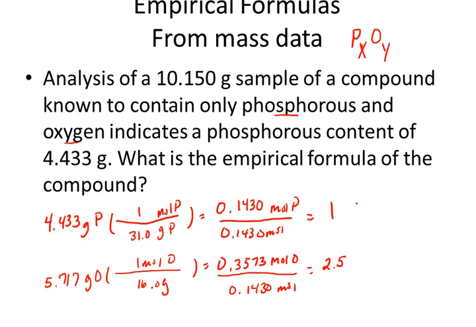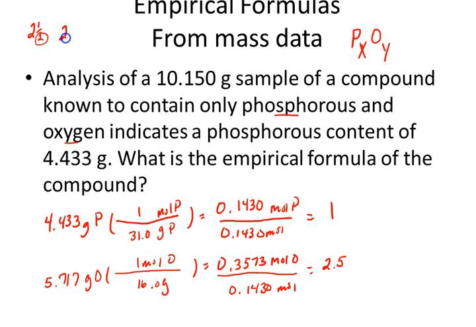Okay, so we get a 1 to 2.5 ratio. That is still not appropriate. We have a fraction, we actually have 2 1/2. We want to clear this fraction to make it the simplest whole number. The way we do that is we look at the denominator of the fraction and multiply everything by that.